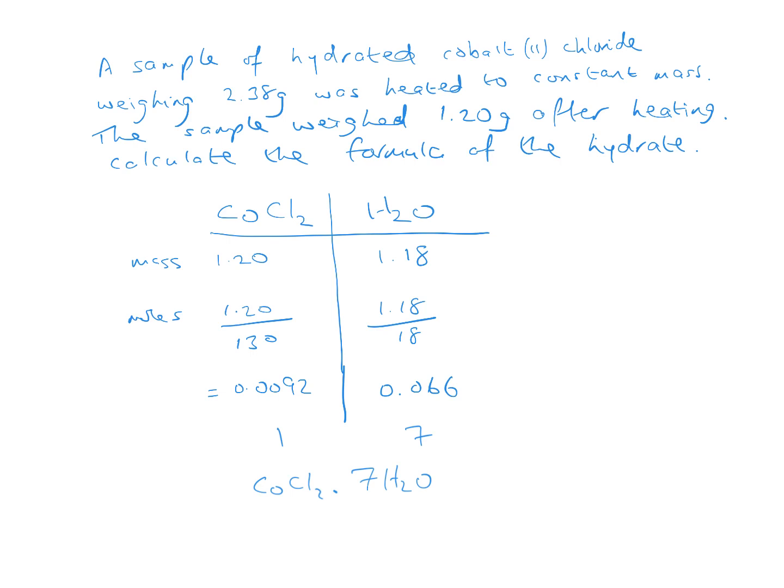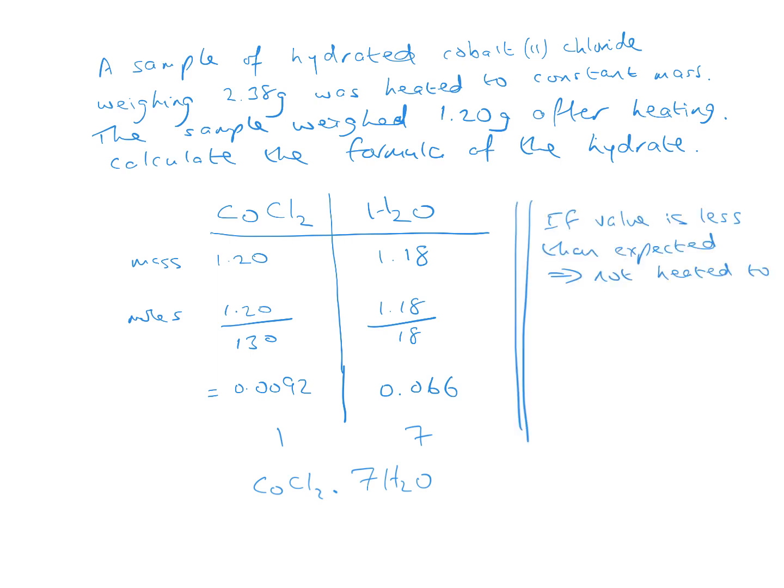In other words, there is still water of crystallization present. And sometimes the value that's obtained is greater than what's expected. And when you get a value that's larger than expected, that probably means that the hydrated salt has been heated too much and it has decomposed.